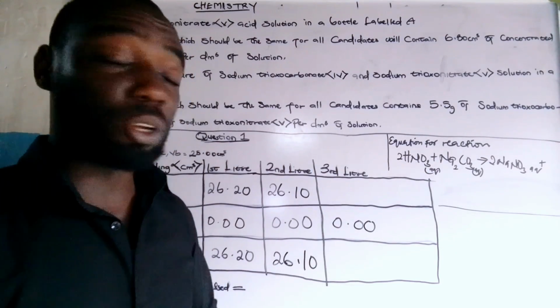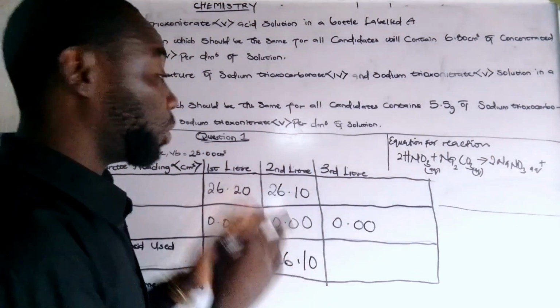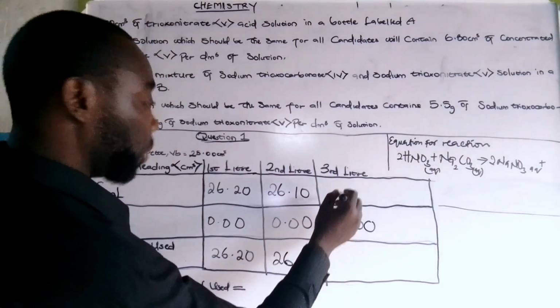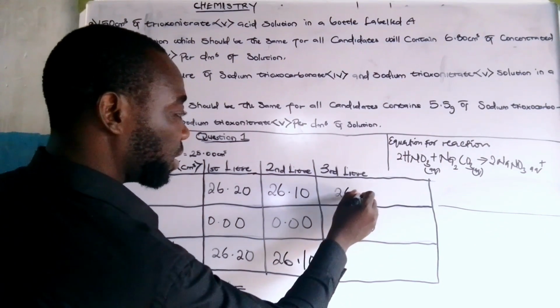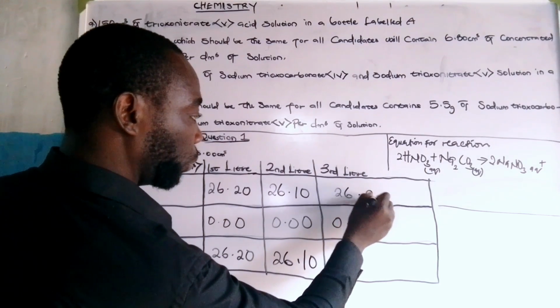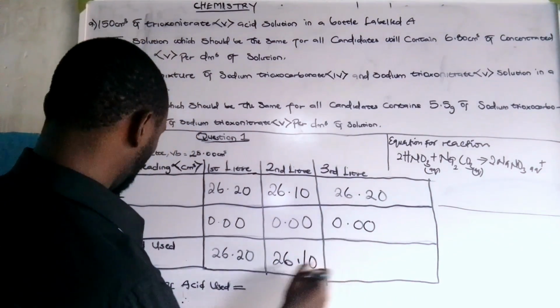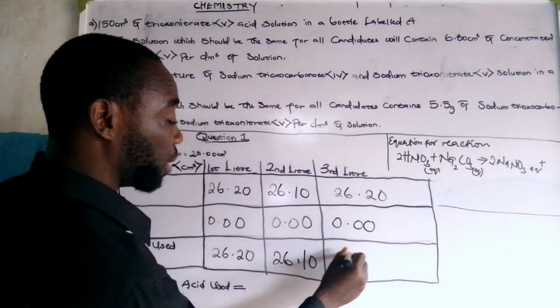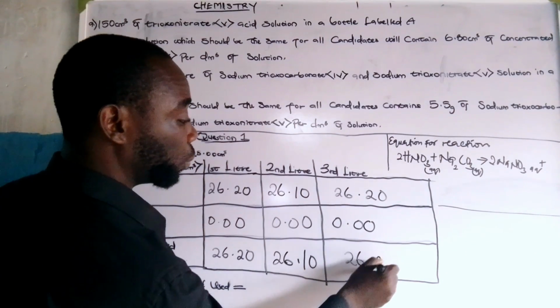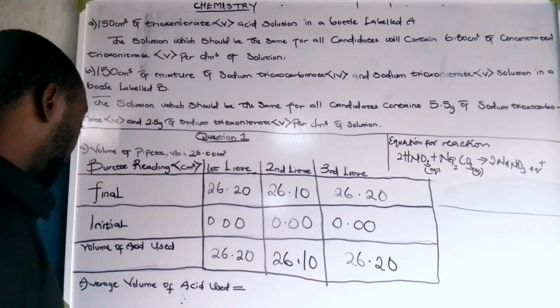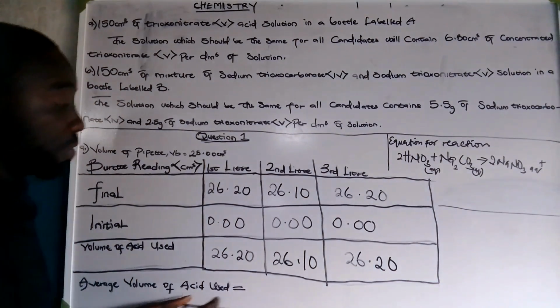Now having done that, our third titer, which is our final reading, is 26.20. So the volume of the acid is now 26.20. Now let us look at our average volume of the acid.